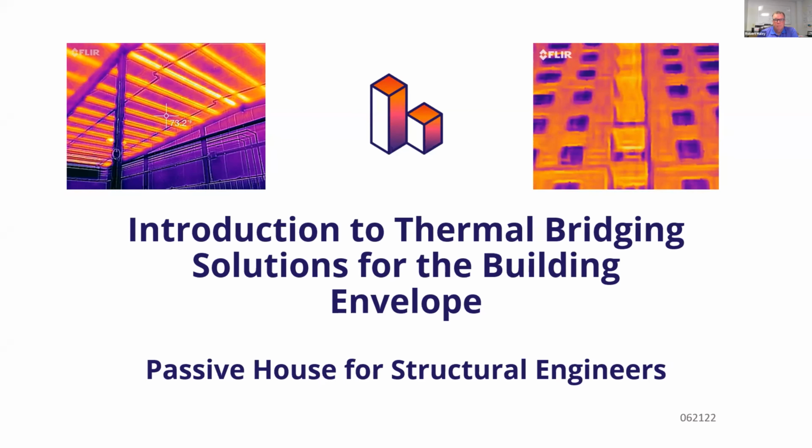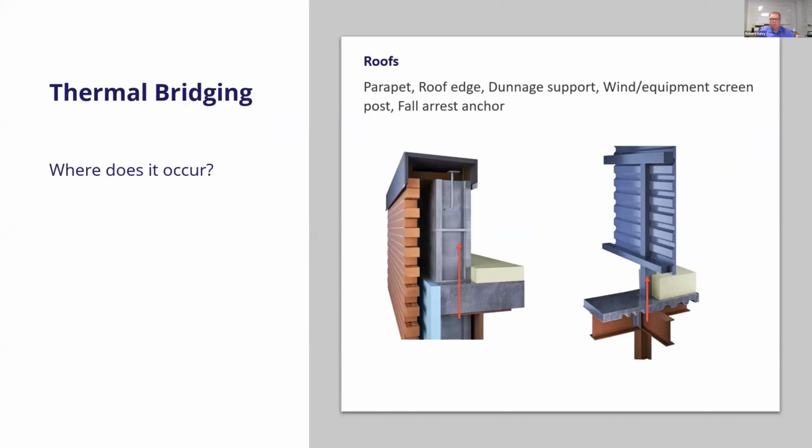Okay, so thermal bridging. Where does thermal bridging occur in a building envelope? Well, it can occur in the roof, where we have equipment screen posts or dunnage connections or parapet details that conduct heat out of the building.